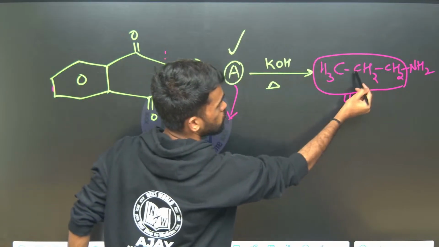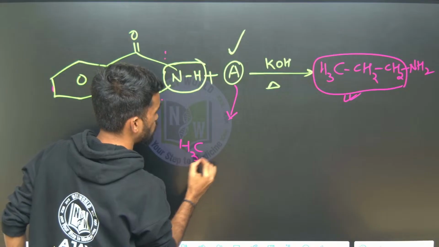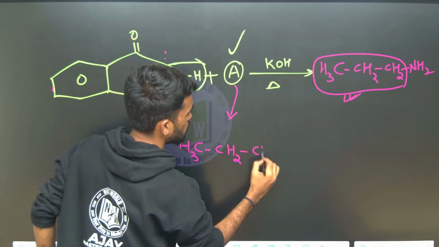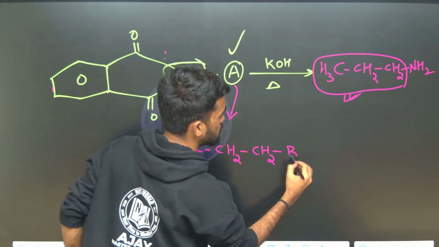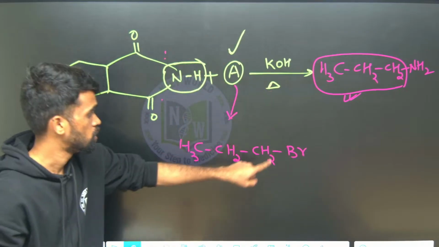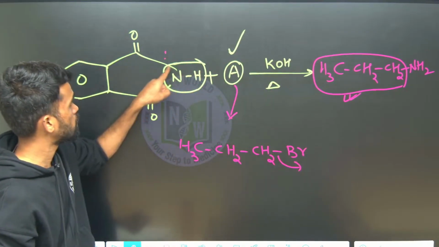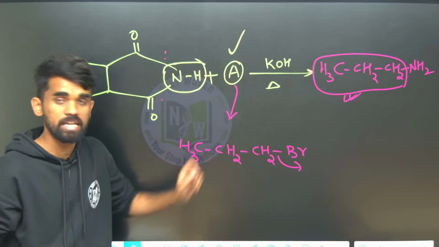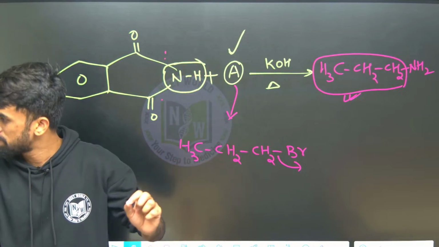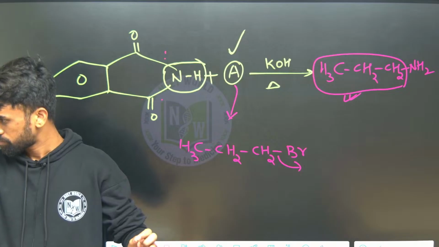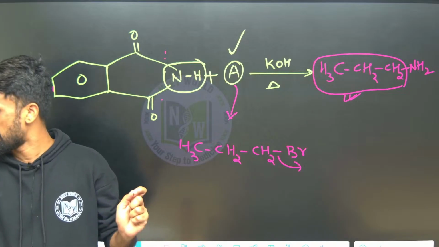How many carbons? 1, 2, 3. So you should take propyl halides, like propyl bromide, for this reaction. So bromine is removed, and to that position the nitrogen as NH2 will be coming in. Hope this is clear now. If it is clear, just click on the like button.